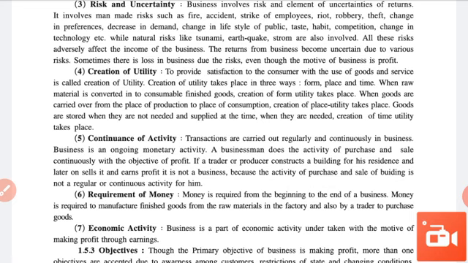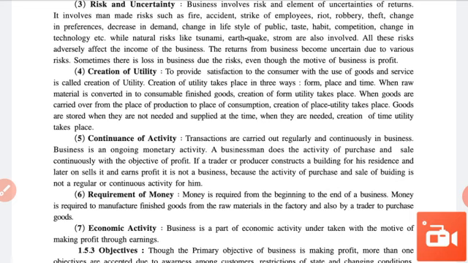If a trader or producer constructs a building for his residence and later on sells it and earns profit, it is not business, because the activity of purchase and sale is not regular or continuous. If a builder or contractor constructs buildings, flats, tenements, and sells them, then we can say it is business, because it is a continuous, regular activity for him.